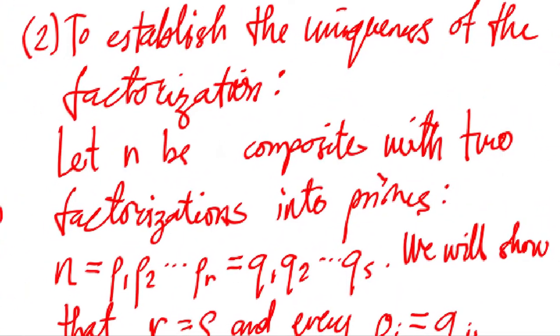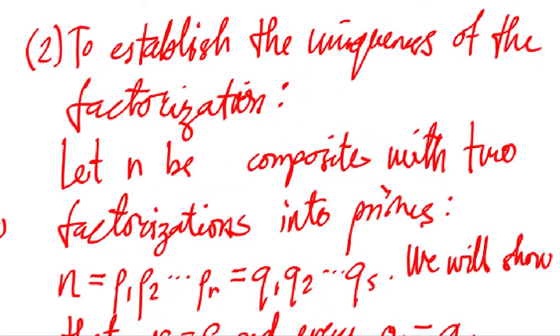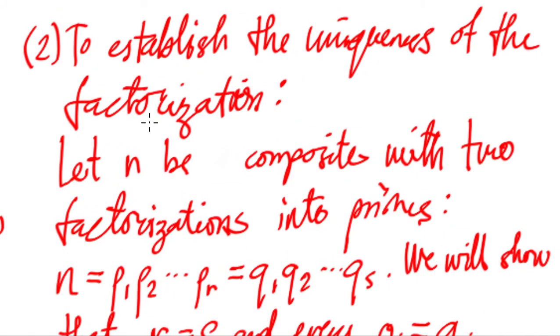Okay, here we go. So first, to establish the uniqueness of the factorization, we will let n be a composite number with two factorizations into primes. N is equal to p sub 1 up until p sub r, which is also equal to q sub 1 up until q sub s.